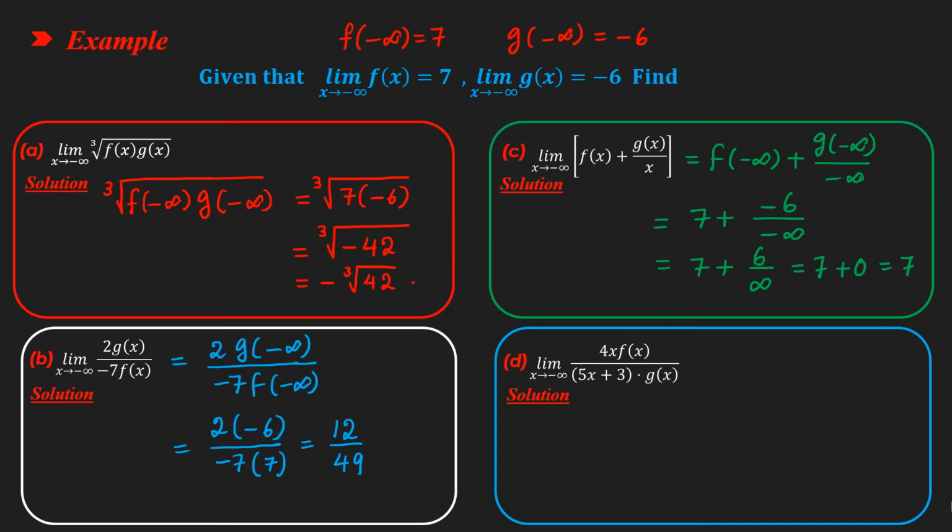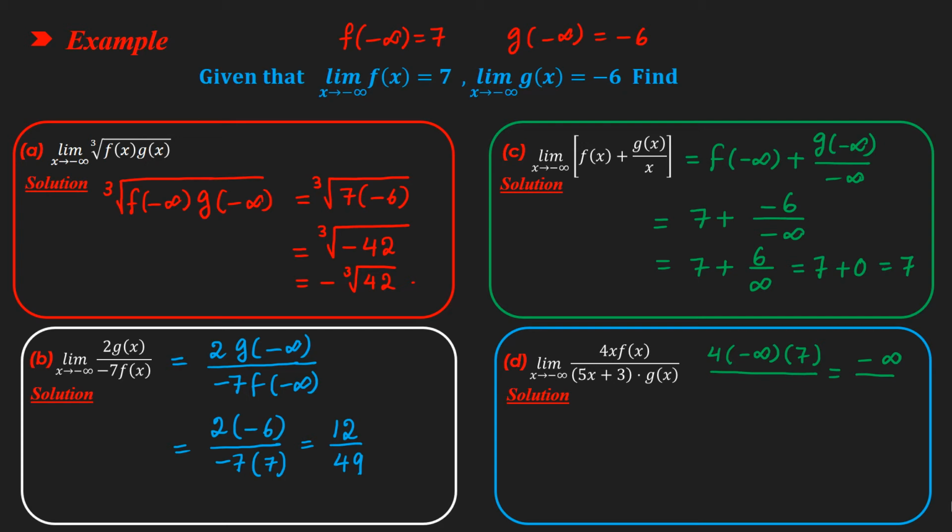Pay attention for part D. If we use direct substitution, you will get 4 multiplied by negative infinity multiplied by f of negative infinity, which is 7, so totally we have negative infinity in the numerator.